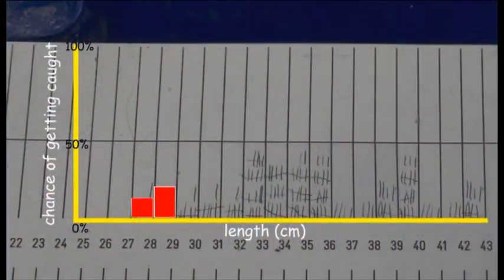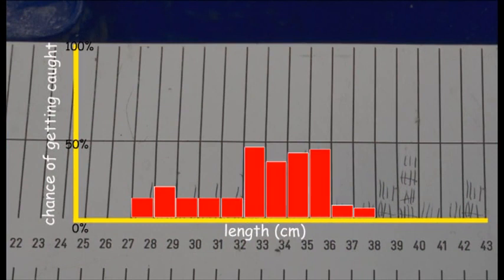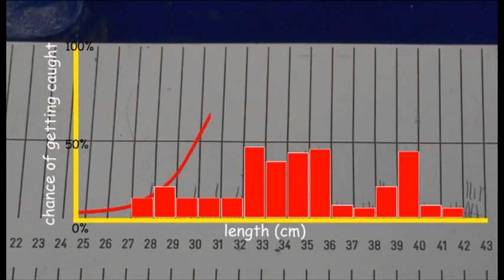So, how is selectivity used to adjust fish measurement counts? Let's bring back our length frequency distribution collected by the scientists. This shows the lengths of fish that were brought onto the boat by the Danish seine net. Now we overlay selectivity and we can see that only 50% of 30 centimetre tiger flathead are caught by the net.